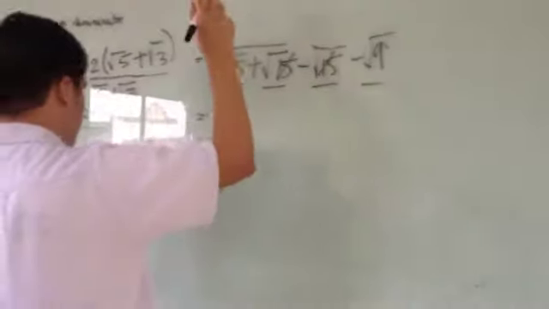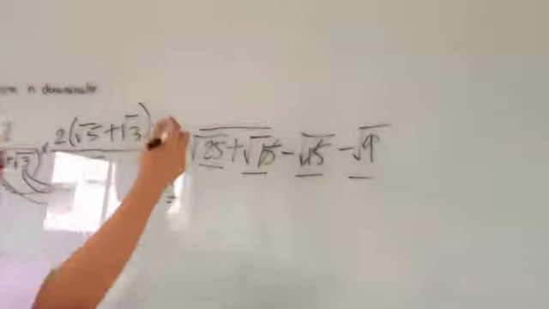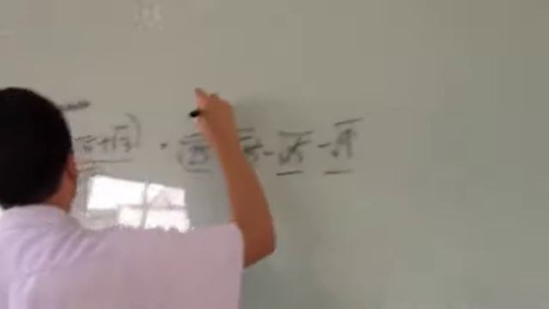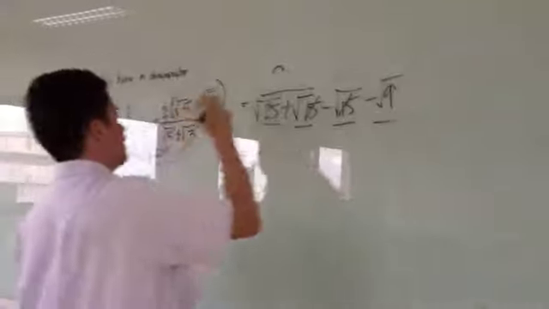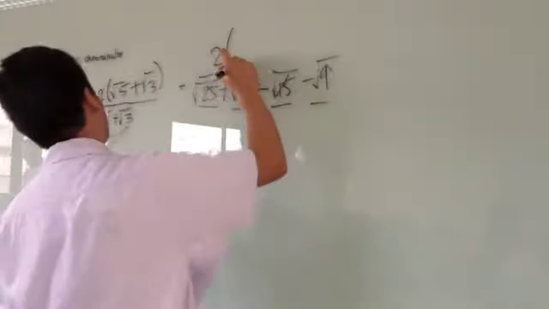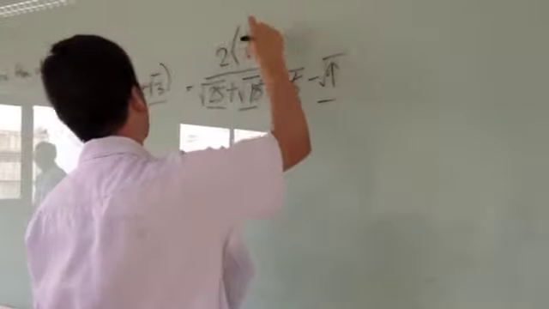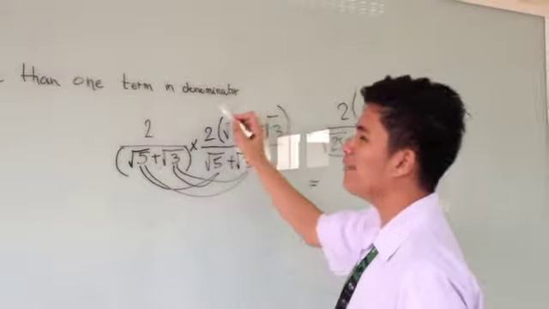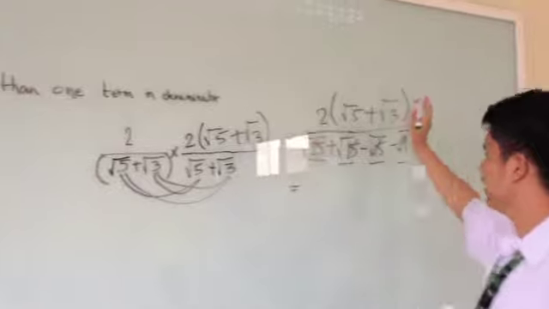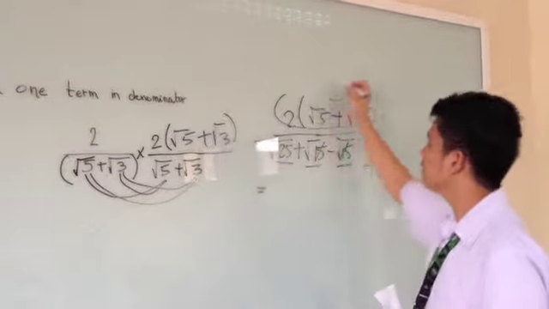And in the upper part, copy this term, 2 times the quantity square root of 5 conjugate square root of 3. Copy this term, and here's the term.